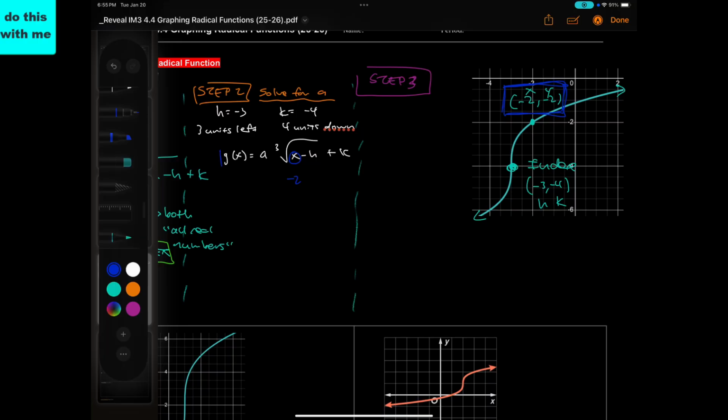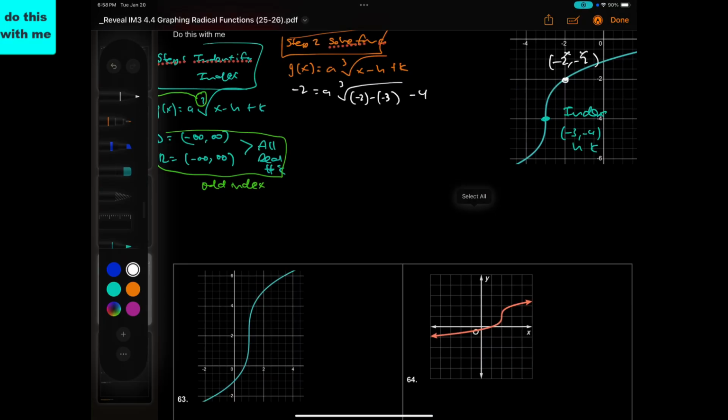And the y value, or g of x, is also -2. Okay, let's put in our h is -3, and then my k is -4. Okay, let's put in everything else. Okay, pay attention, there's a minus sign there.